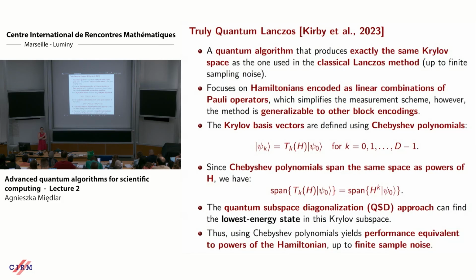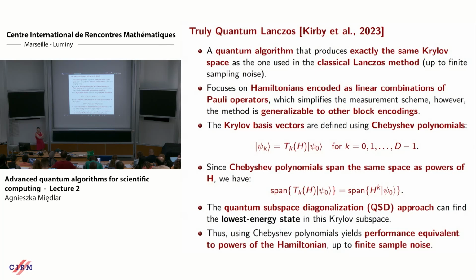The space will be exactly the same, which is a huge advantage because we will get the same convergence properties and the same error estimates. So it is a quantum algorithm that produces exactly the same Krylov subspace, up to finite sampling noise because of details of how it's implemented.